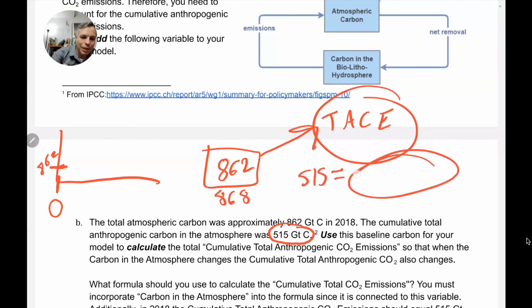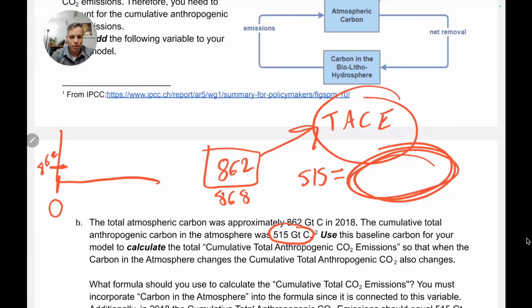So they need to come up with a formula, and I go over this the same way I'm going over it with you, except much slower. They need to come up with a formula that is going to equal 515 at the beginning of their simulation, and then is going to equal 868 at the next time interval if they're emitting a total of 6 gigatons each time interval. All right.